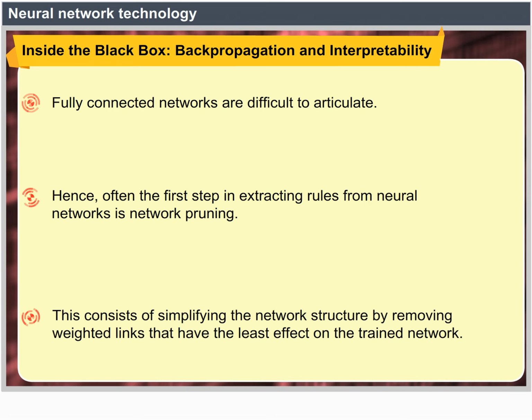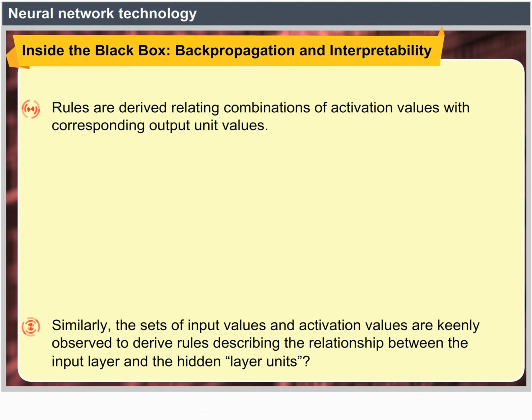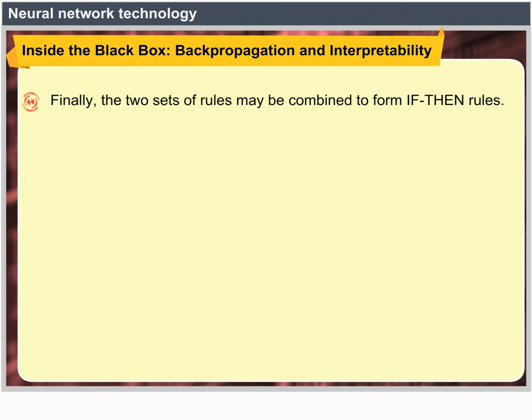Rules are derived relating combinations of activation values with corresponding output unit values. Similarly, the sets of input values and activation values are studied to derive rules describing the relationship between the input layer and the hidden layer units. Finally, the two sets of rules may be combined to form if-then rules.